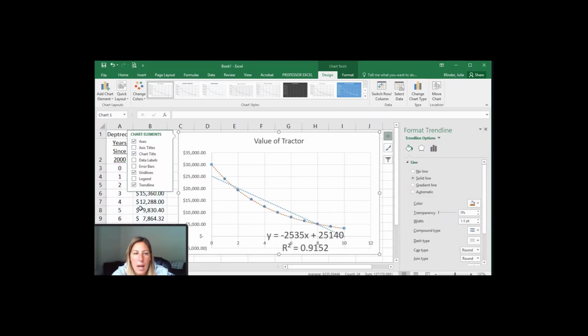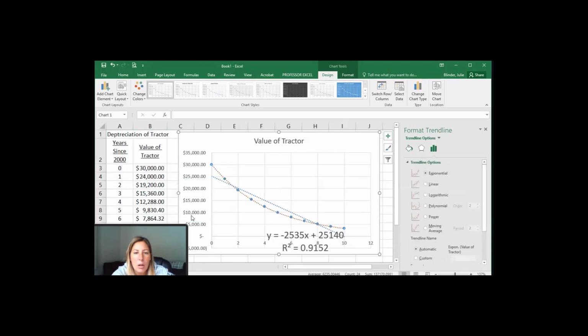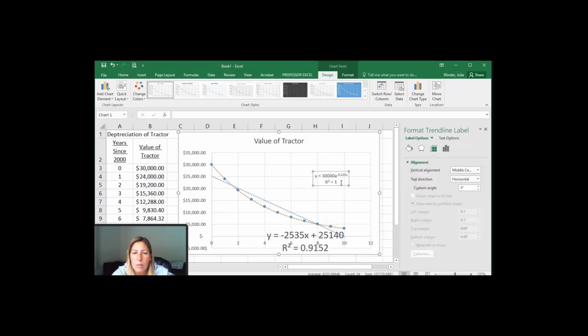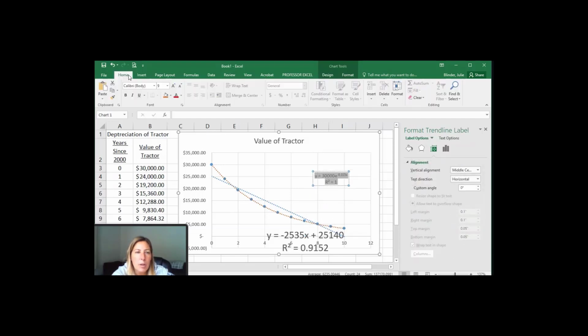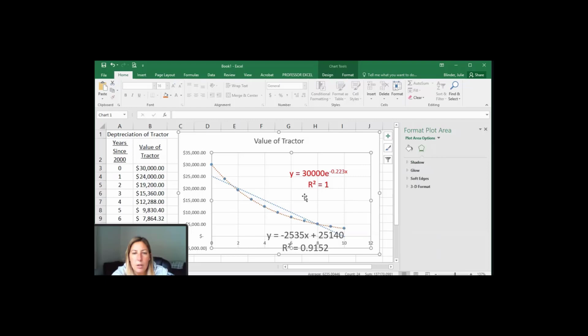Let's go ahead and add the equation and the R². We have exponential, more options. We want to make sure it's clicked exponential here. We want to go down and include the equation and the R² value. There it is. Once I have that, I'm going to make it bigger for you so everybody can see, and I'll turn it red so that we can differentiate between the linear and the exponential.